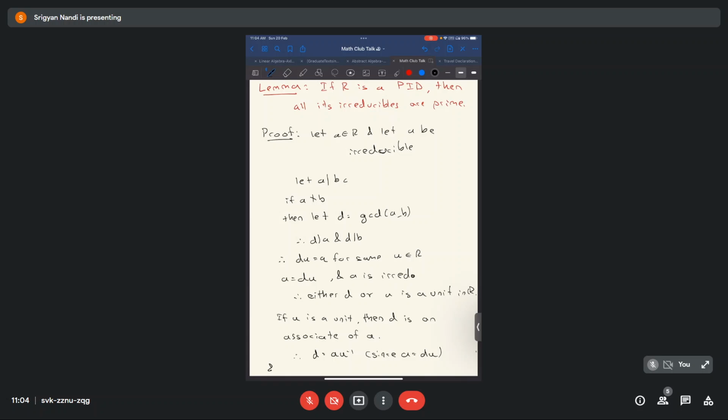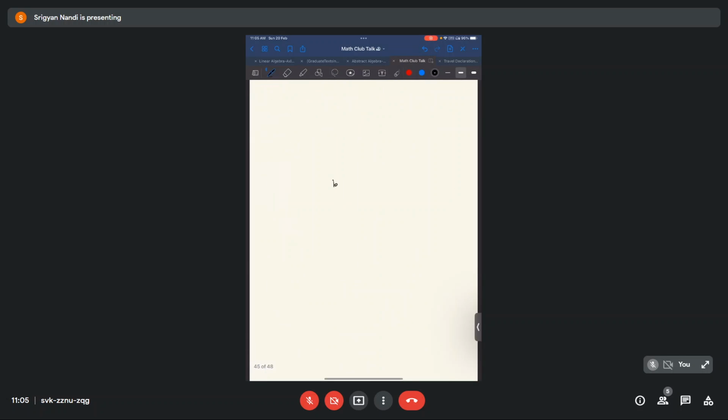And we have that d dividing b will imply that b equal to dv for some v belonging to R. So that implies b equal to a u inverse v, and that will imply a divides b. But that is a contradiction.